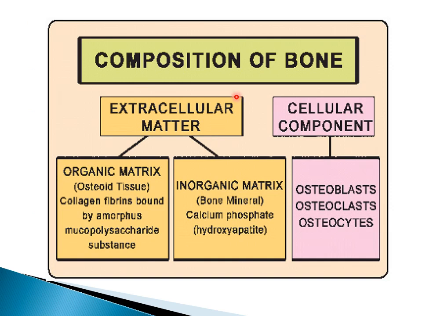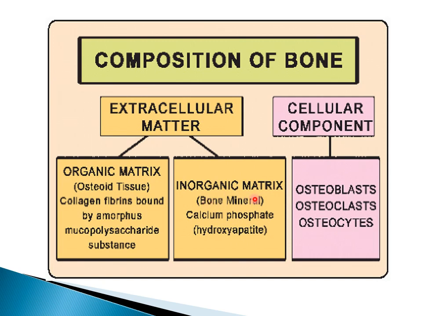Bone is composed of the extracellular matrix and the cells. The cells which are present in the bones are the osteoblasts, the osteoclasts, the osteocytes, and the osteoprogenitor cells. The extracellular matrix is composed of the organic component and the inorganic component.